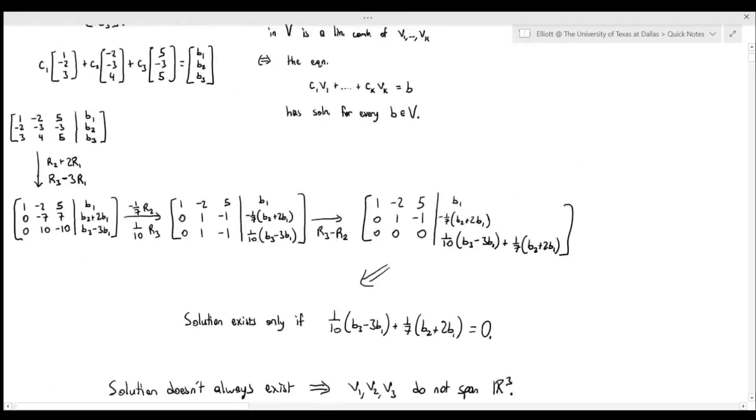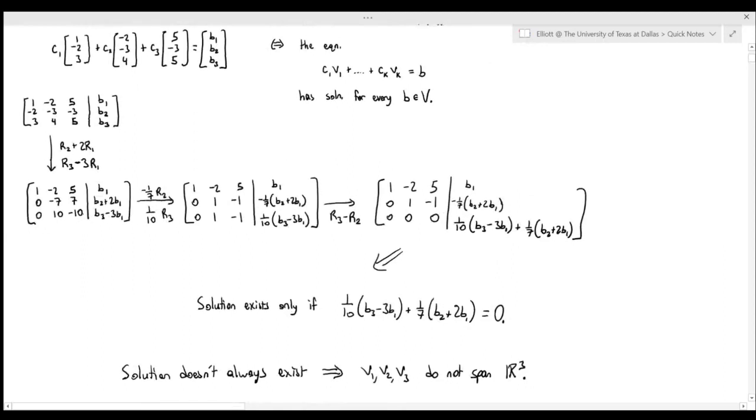And if we continue looking at this example to try to gain some more insight, so here we ended up with no, that did not span because there would not always be a solution for every b.